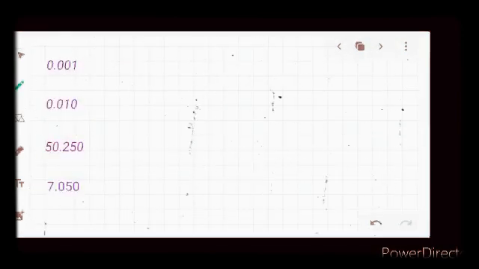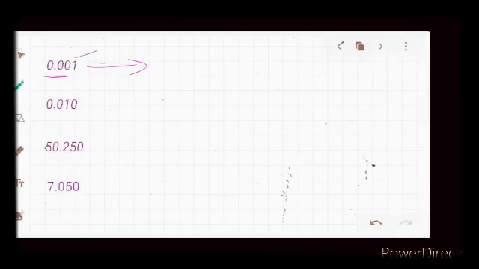Now let's take another example. Now we have decimal point, decimal number. In the first one, all these zeros are not in between non-zero, so we cannot consider them. So here the number of significant figures will be 1. This is the last digit only, so there will be only one significant figure.